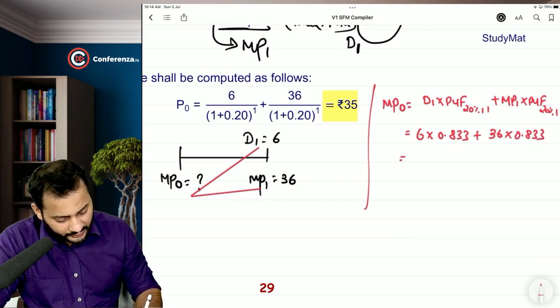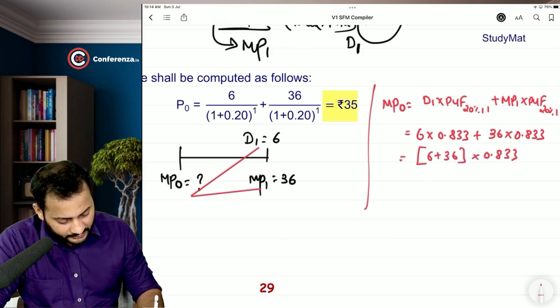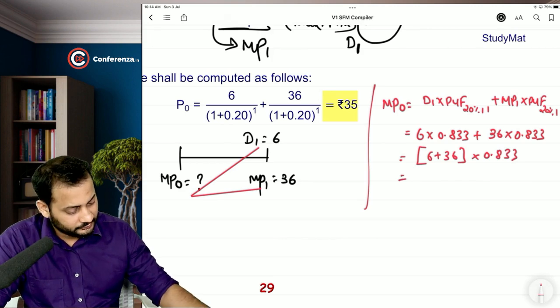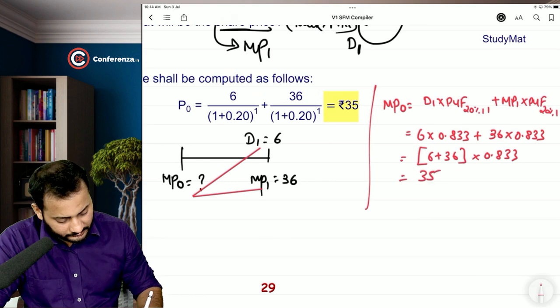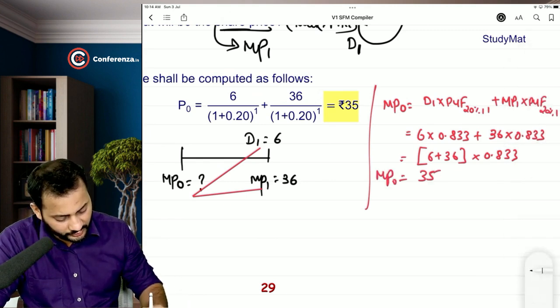Or you can do it like this: 6 plus 36 into 0.833, that goes to 35. So today the market price should be 35 and not more than that. This is the theoretical price. Okay.